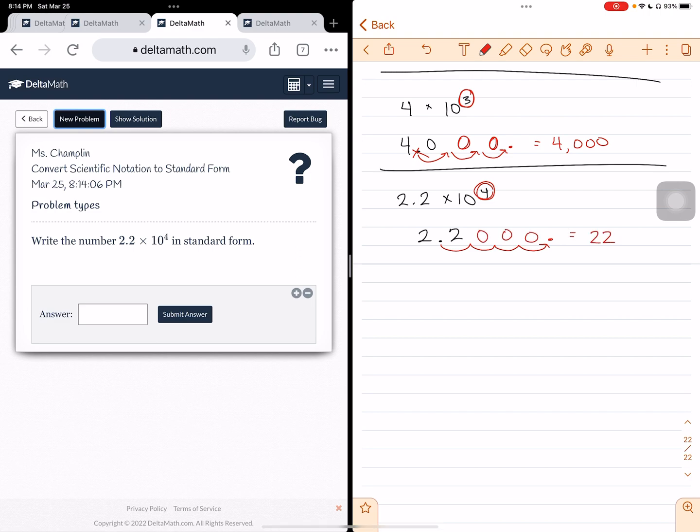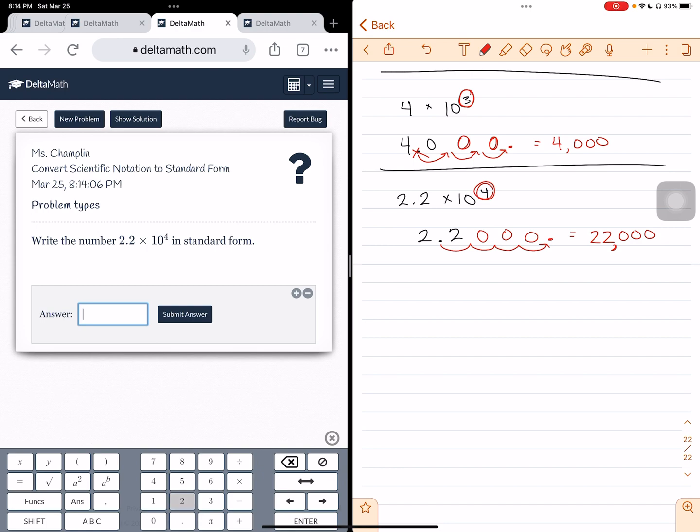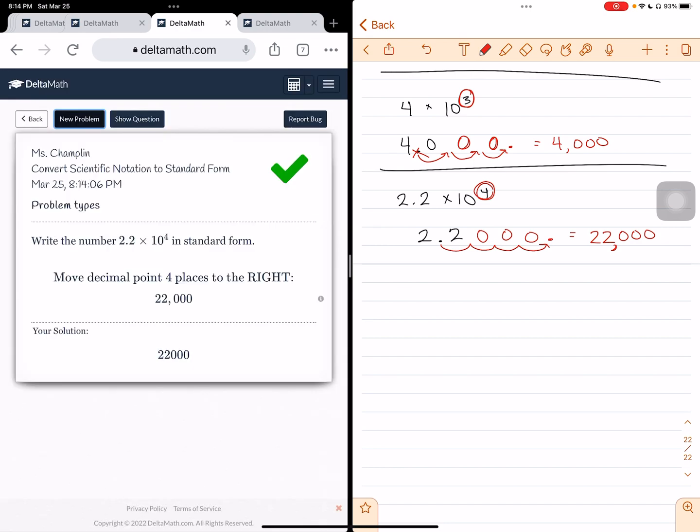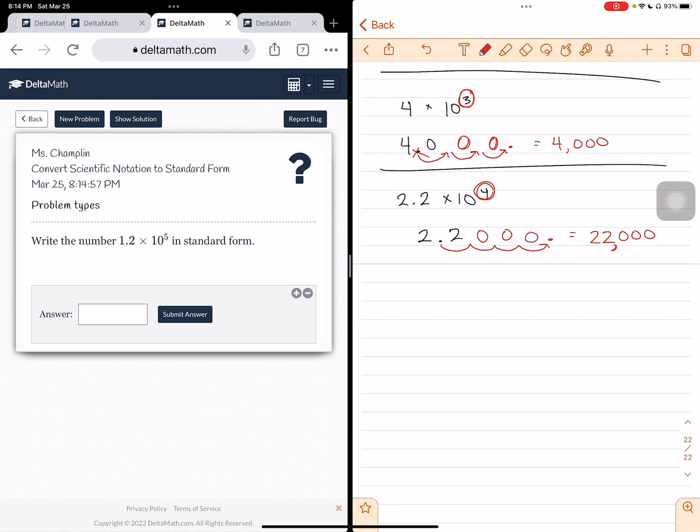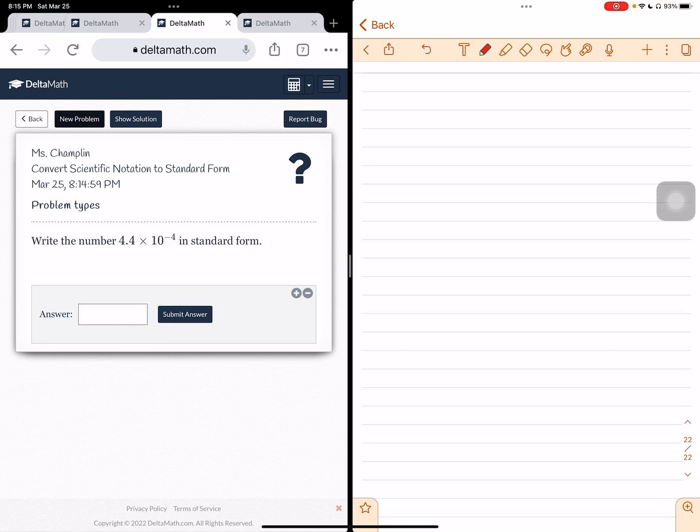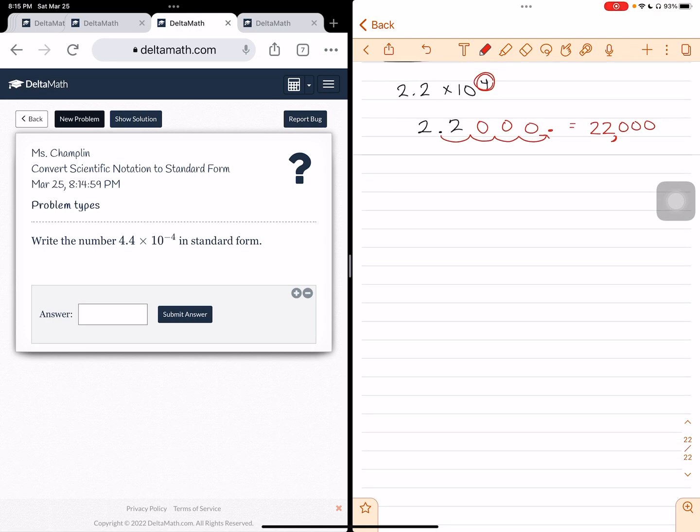So my new number is 22 with 3 zeros, which means every 3 zeros from the end, that's a comma. So this is going to be 22,000, which in DeltaMath, you guys don't have to put the commas. I don't think it wants you to, actually. 22,000. I don't see any negatives here. There we go.